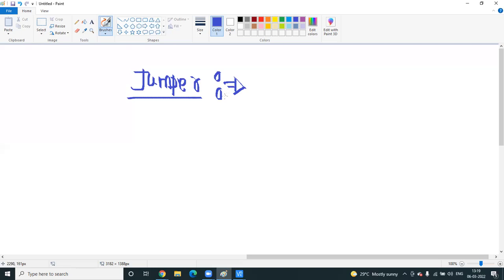So what is this jumper? Jumper means jumping from one position to another. Similarly in layout, you will jump. But before that, first understand what is happening in the fabrication.